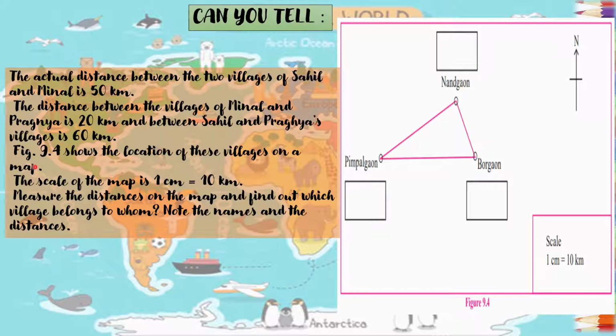The figure 9.4 shows the location of these villages on a map. The scale of the map is 1 centimeter is equal to 10 kilometer. As you can see here, the scale is given here, that is 1 centimeter is equal to 10 kilometer. Measure the distances on the map. So we need to find out the distances on the map and which village belongs to whom. Note the names and the distances.